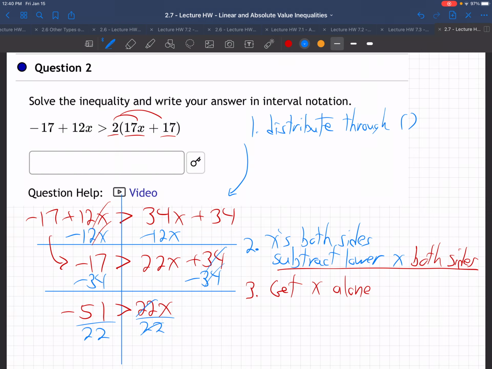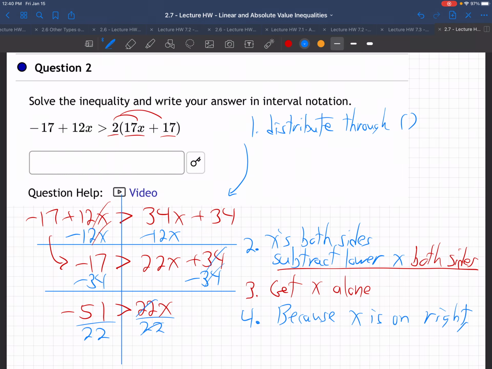Get x alone. But now, step 4, it's going to be easier. Turn it around. Well, here, let me say it better. Because x is on the right, we're not used to having x on the right.